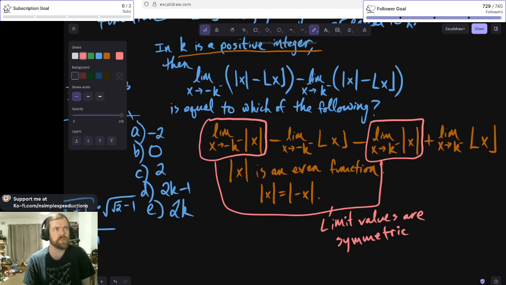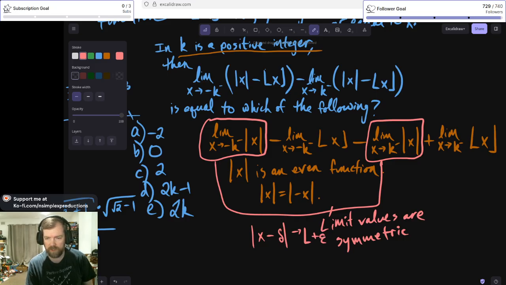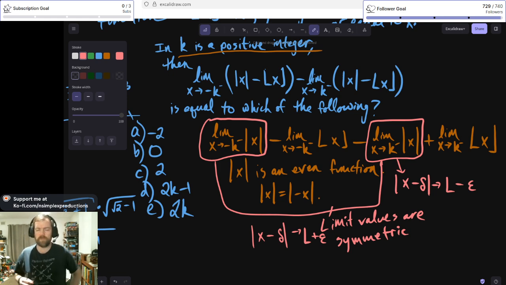Right, if we wanted to be super picky, we could say that this one is doing x minus delta, and that's going to L from the negative side plus epsilon, whereas this one is going to be the absolute value of x minus delta, and that's coming from L minus epsilon. So the limit value is going to be the absolute value of negative k or the absolute value of k.